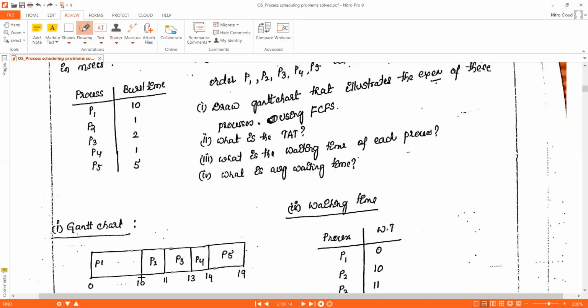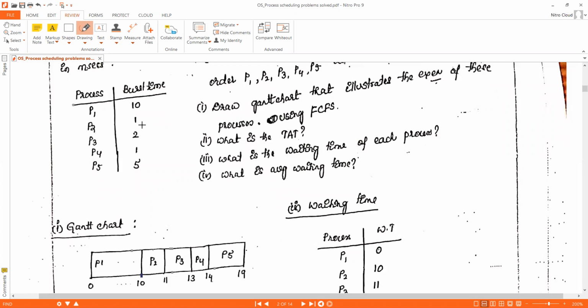At 10 milliseconds, process 1 will complete its execution, and the CPU will become free. Next, who is in the ready queue? After process 1, process 2 is in the ready queue. What is its burst time? It is 1 millisecond. So the CPU will be allotted to P2.